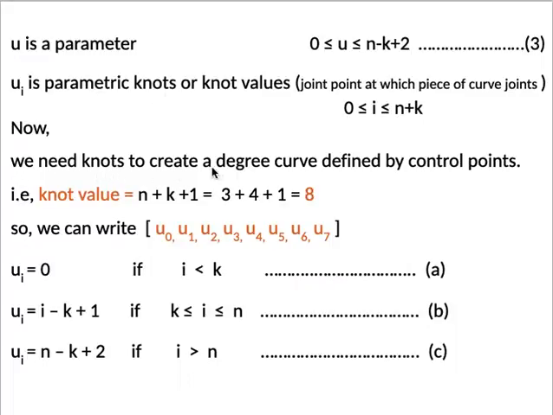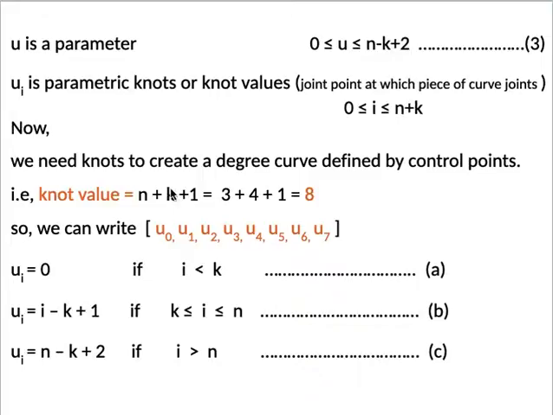So we need to create a degree curve defined by control points, isn't it? So we need knots. How many knots will be available for the given points? As we have taken k as 4, you might take 2, 3, whatever you want. On the basis of k you will get the knot values.